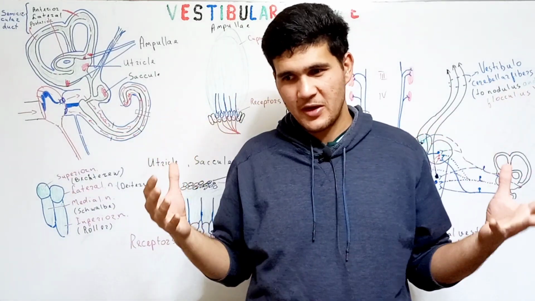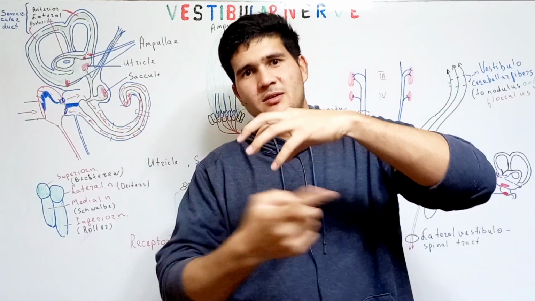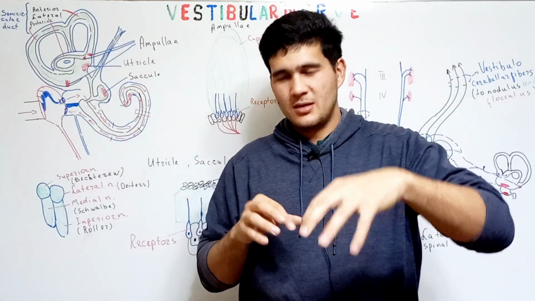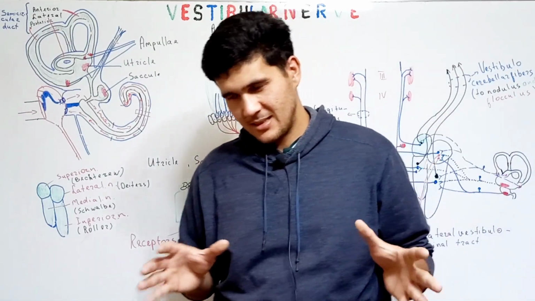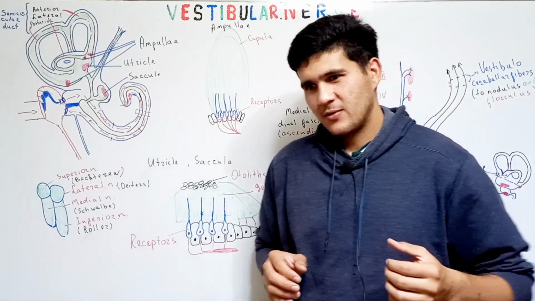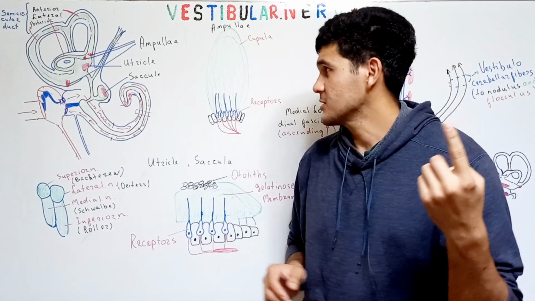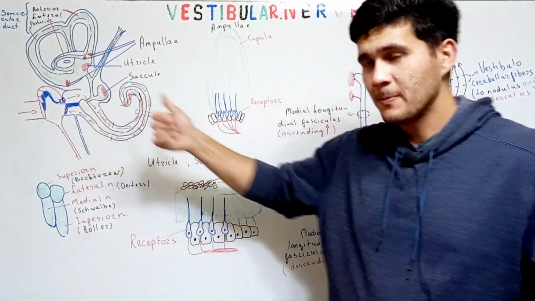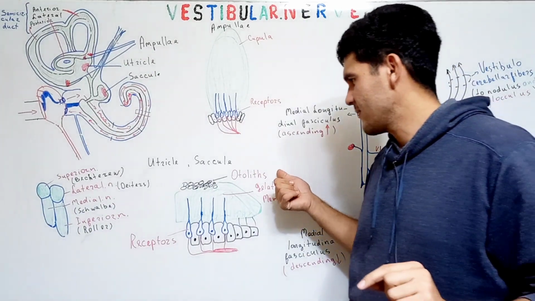For example, imagine you are rotating around the environment, or the environment is rotating around you, and that is vertigo. When the patient suffers from this kind of situation, first of all, we should think about abnormal function of the vestibular apparatus.